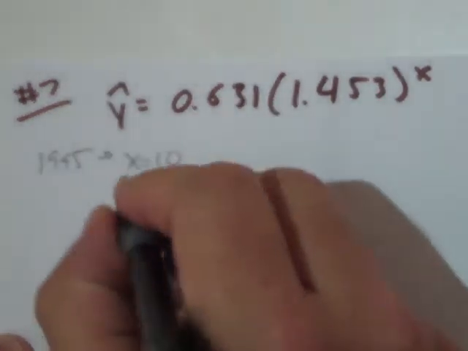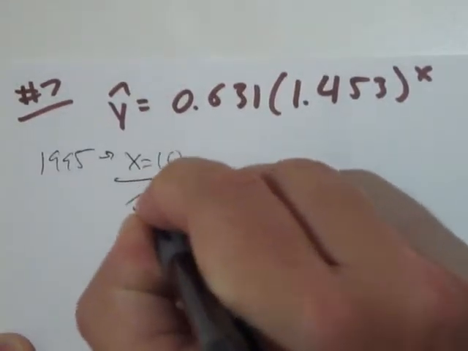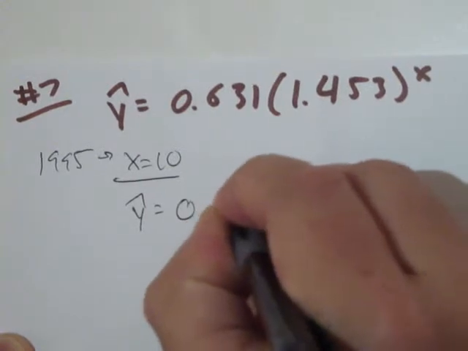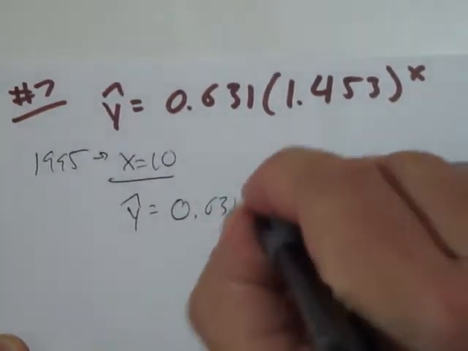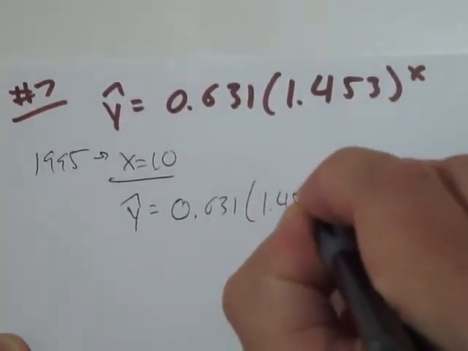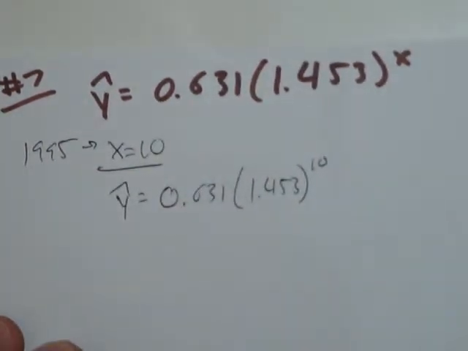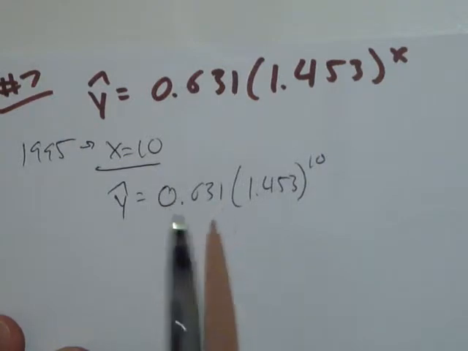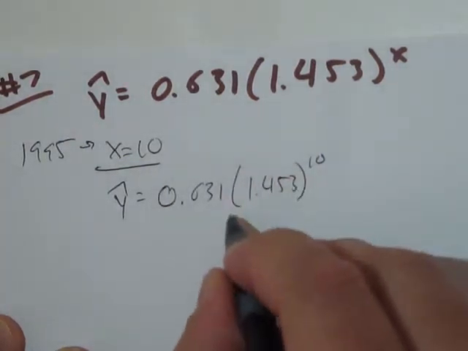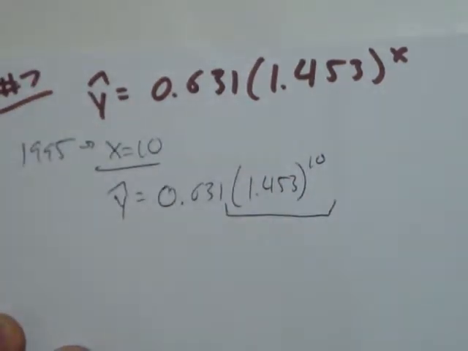So when we do the math, x is 10, we're going to do y hat equals 0.631 times 1.453 to the 10th. Now when we do the math here, I don't want us to get messed up. This is how it works. We have to do this piece first.